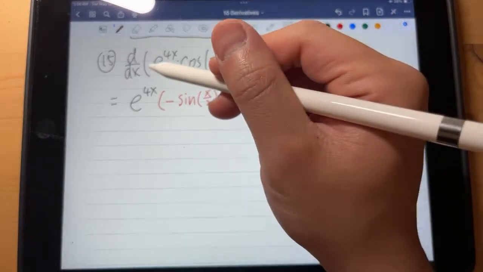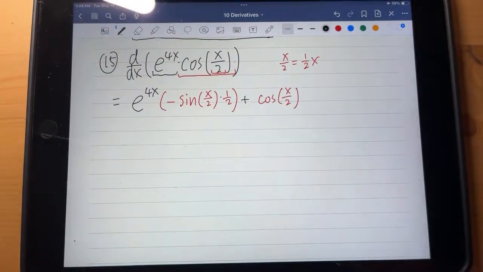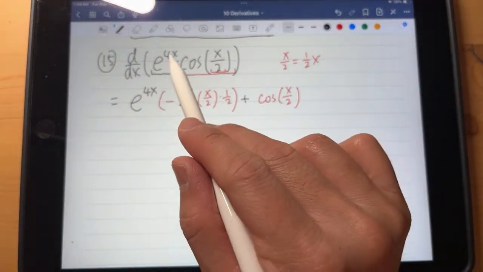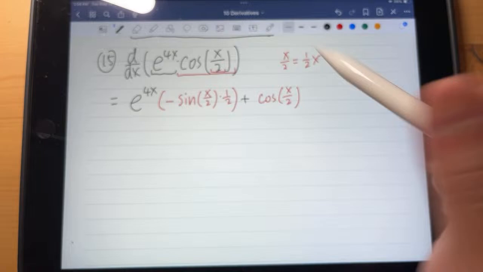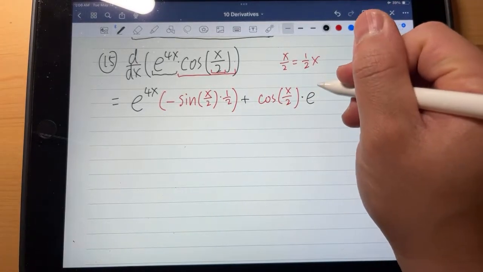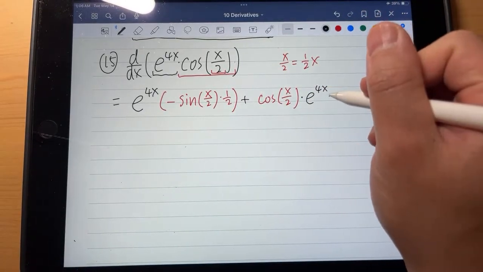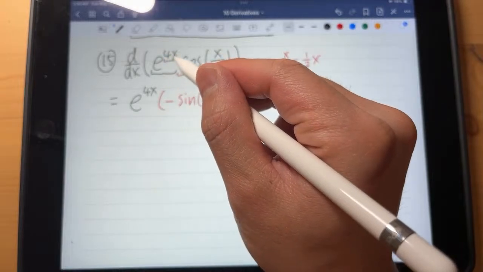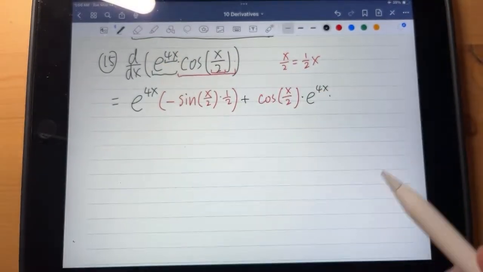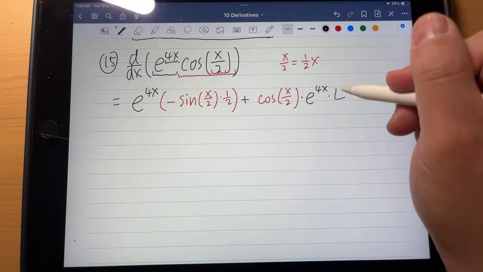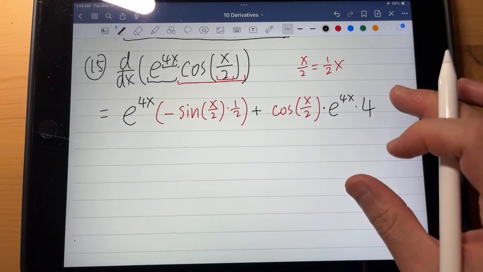And then we are going to multiply by the derivative of the first. Derivative of e to the whatever, right? E to the box is just e to the same thing here. And then multiply by the derivative of the inner part. Derivative of 4x is the 4, so we have a 4 right here. So that is what we have.